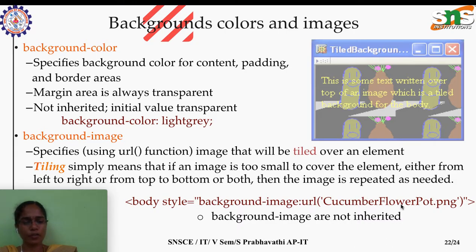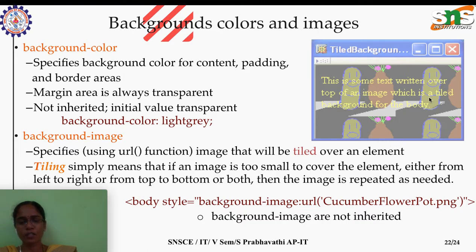Here, one point you need to make a note of is that this function uses the tiled concept. Tiled means if an image is too small to cover the element, either from left to right or from top to bottom, the image is repeated. See here, the image is too small, so in this output the image is repeated 4 times.